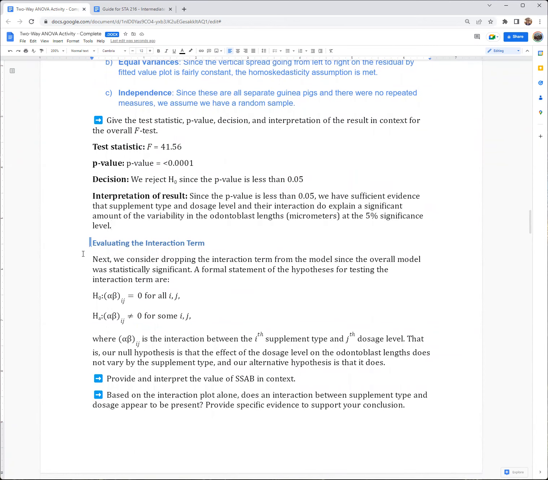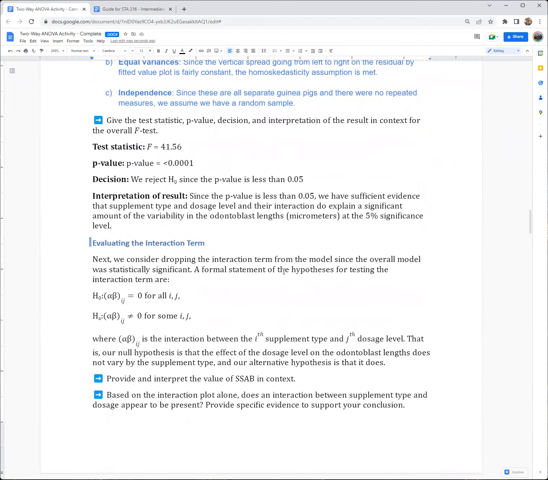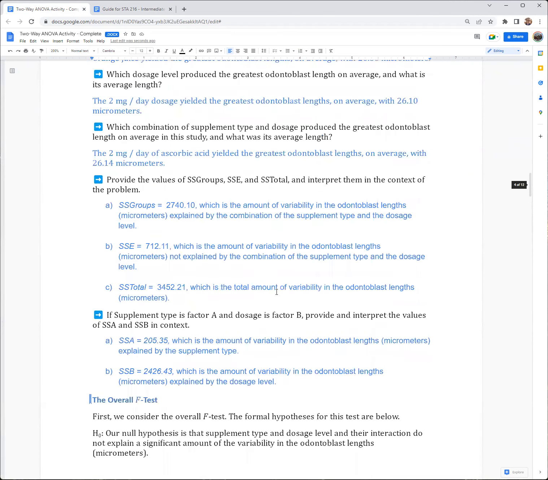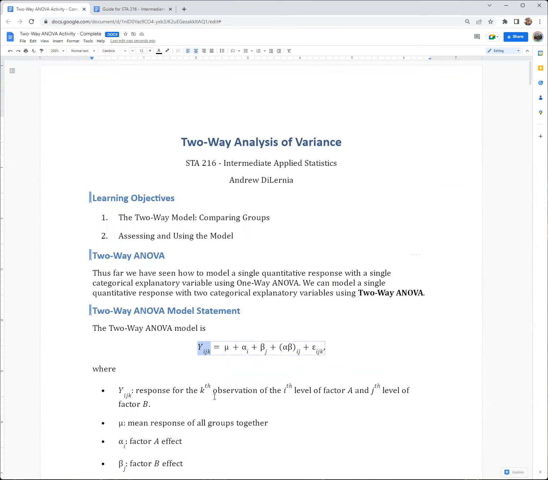So after you conduct or implement an overall F-test for the full two-way ANOVA model, the next step you always do is to consider testing the interaction term. In this full model, we're modeling the odontoblast lengths Y using the effect of the supplement type, the dosage level, and their interaction.